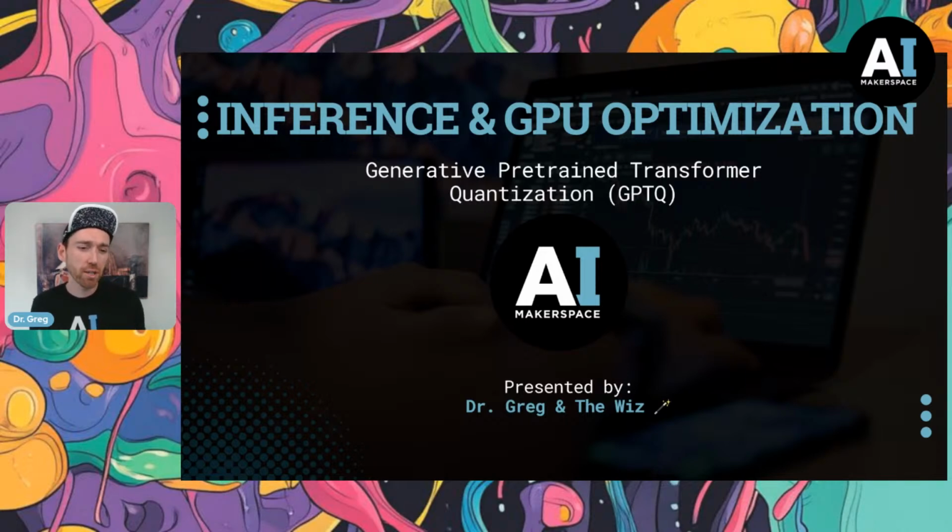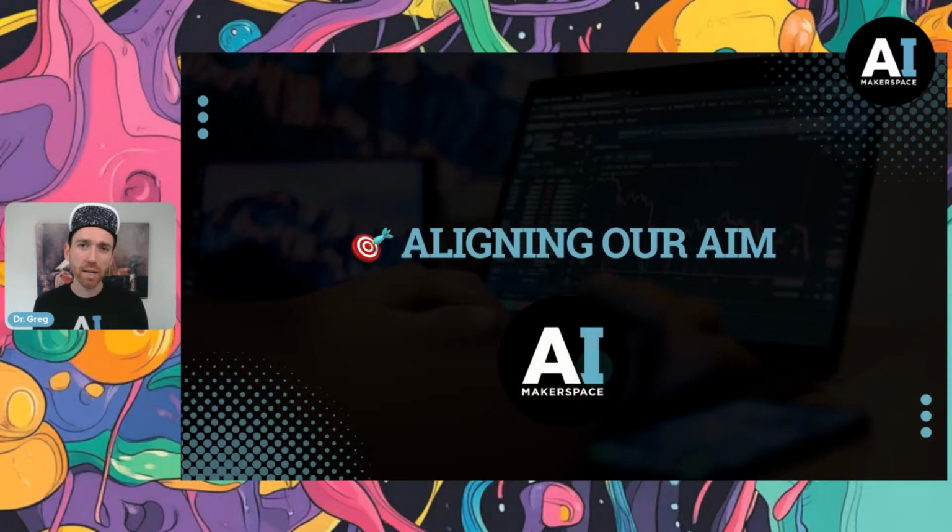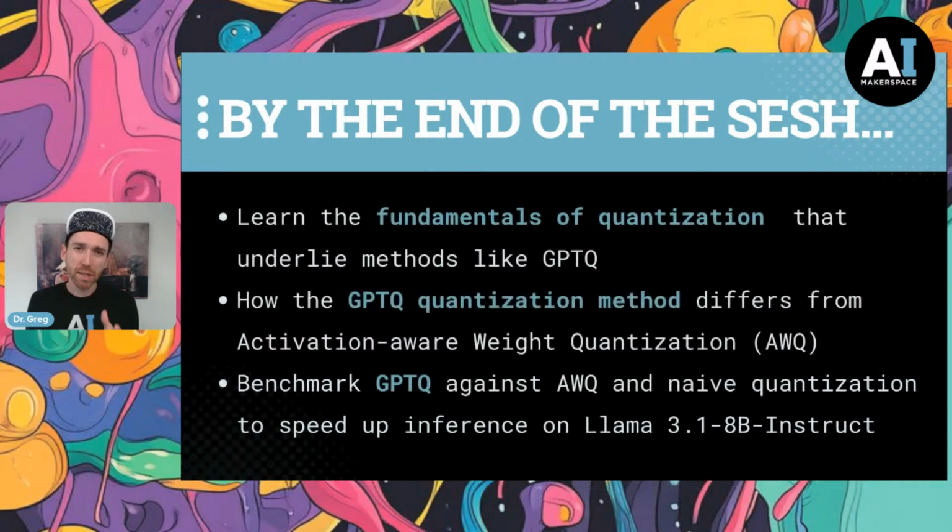Okay, GPTQ. What's really going on? Well, that's what we want to get a handle on today. We want to align ourselves to the core fundamental aspects of quantization that allow us to see the difference between methods. This is one of the things that we're going to dive a little deeper into today.